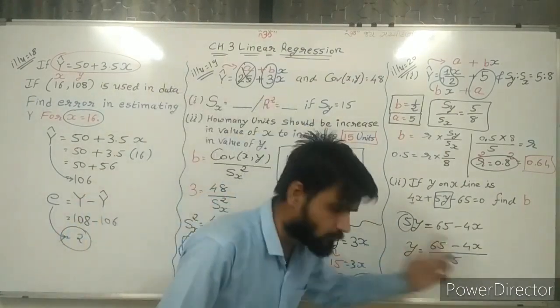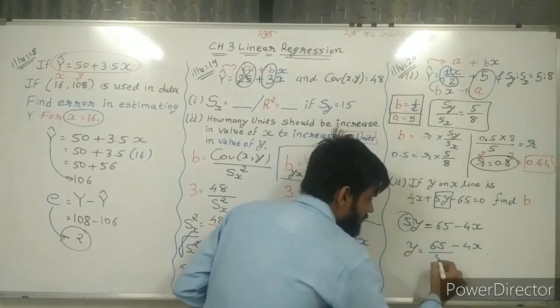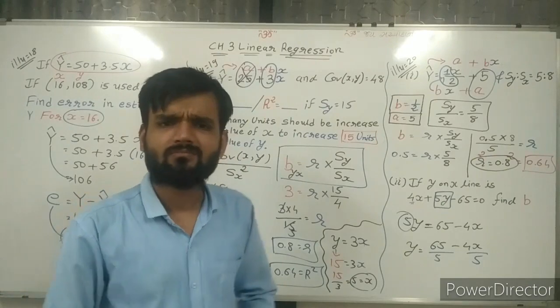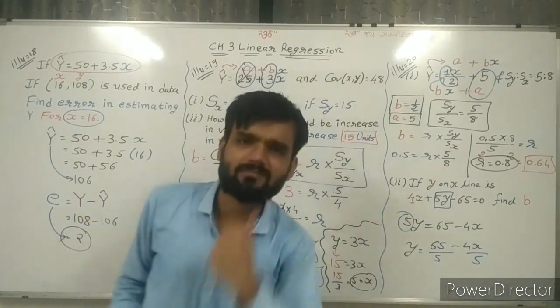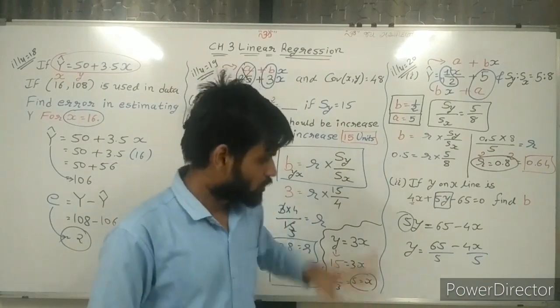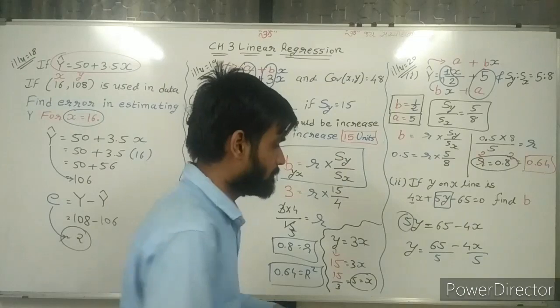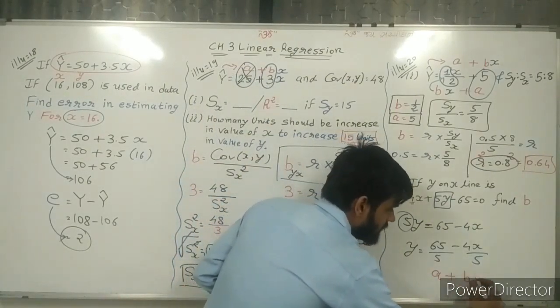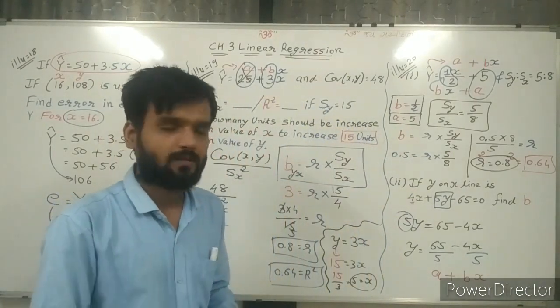Now you can write it in this way also. 65 by 5, minus 4x by 5. Both are same. If you take the LCM, then common 5 you can write. So now what do I need, sir? Compare it with a plus bx.